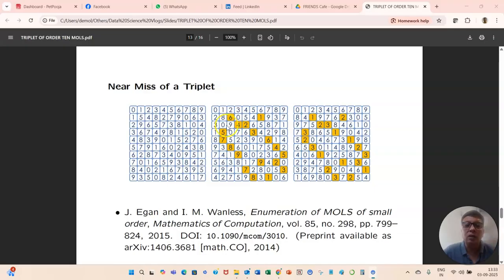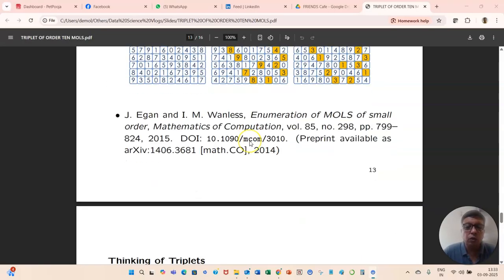I have colored the cells. 6 1 comes here, 6 1 repeats here. So there is a shortage of n square entries, and the reference is J. and I. Wanless, Enumeration of MOLS of small order, Mathematics of Computation, volume 85. So we have got the reference, and this is the farthest we could go.